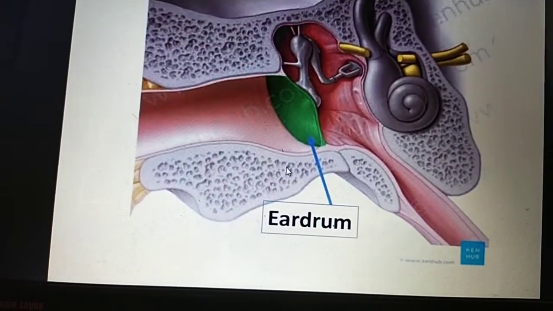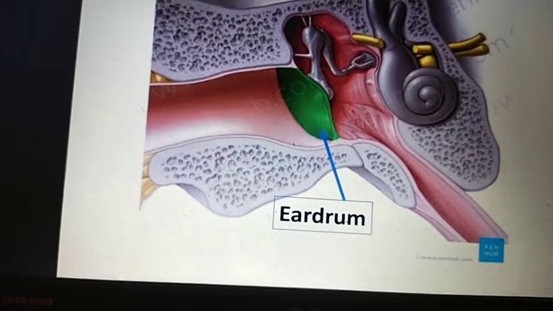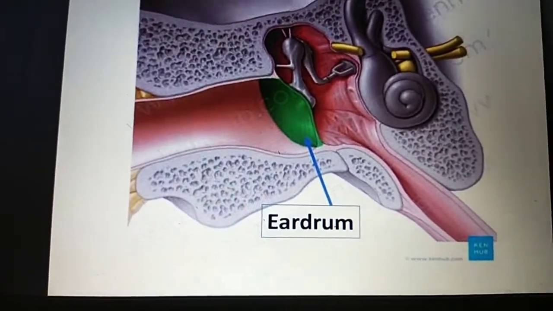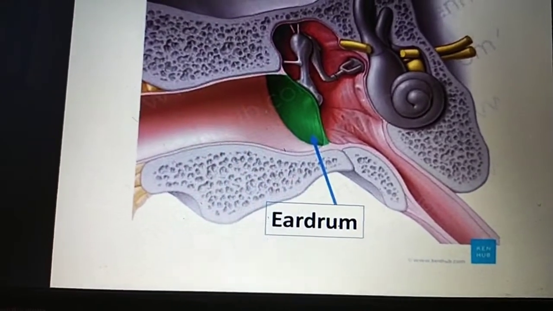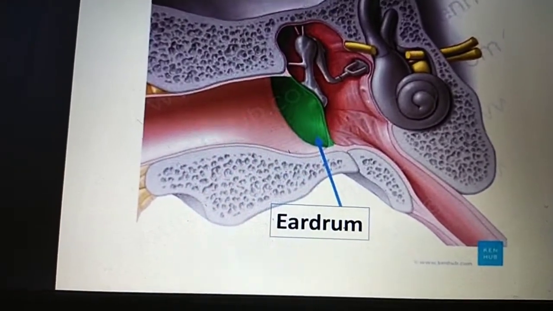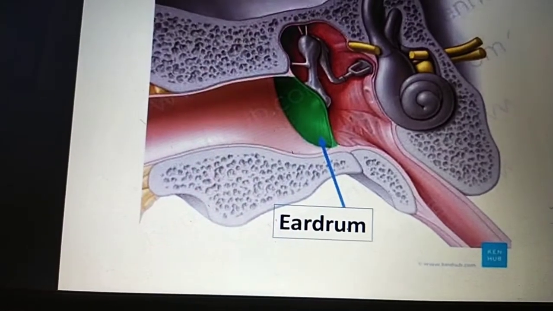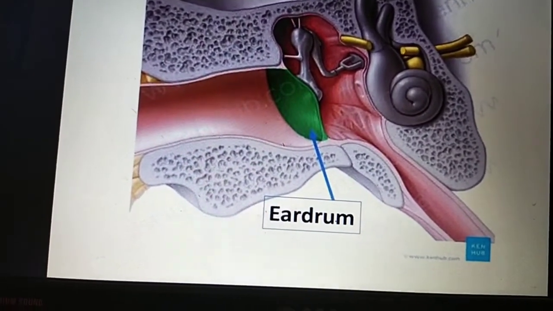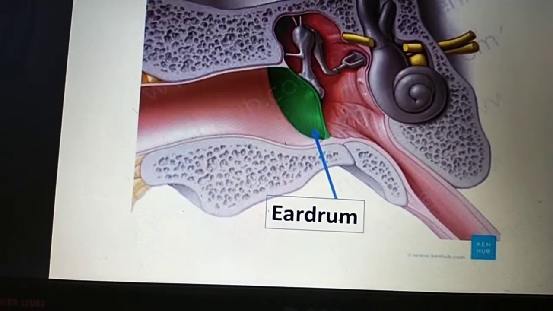It vibrates like a drum. When you beat a drum, it vibrates, and in the same way the eardrum vibrates and conveys the sound to the middle ear. In the same way, waves are formed in the eardrum.